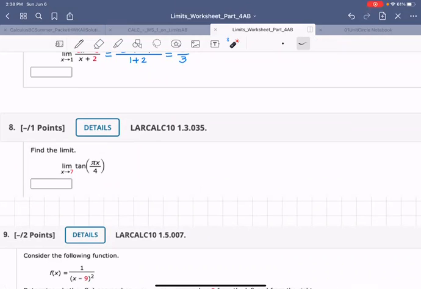If the limit exists, just plug in. That's right, Claire.